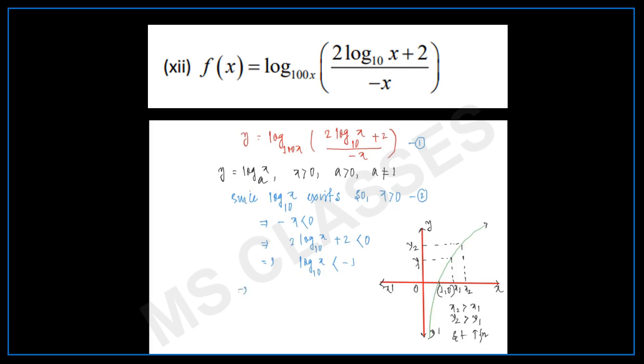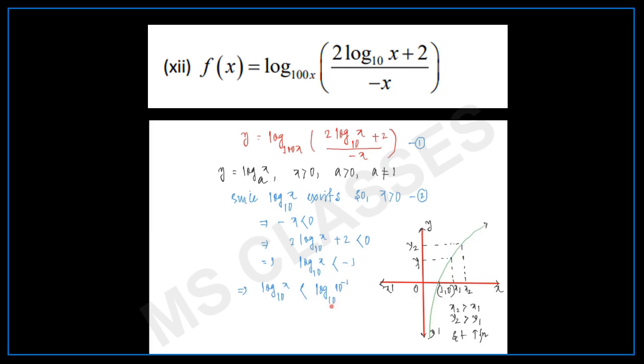This is log x base 10 less than minus 1. Now minus 1 you can represent as log 10 to the power of minus 1 base 10. Someone can do it in this way, or someone can directly write by definition that x less than 10 to the power of minus 1. So log x base 10 less than log 10 to the power of minus 1 base 10.